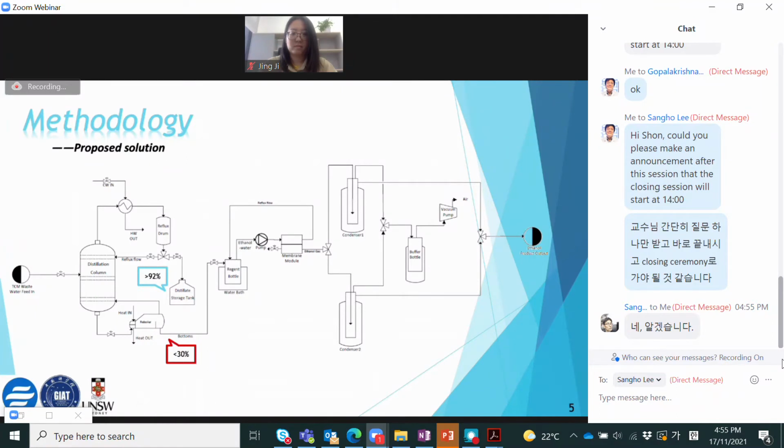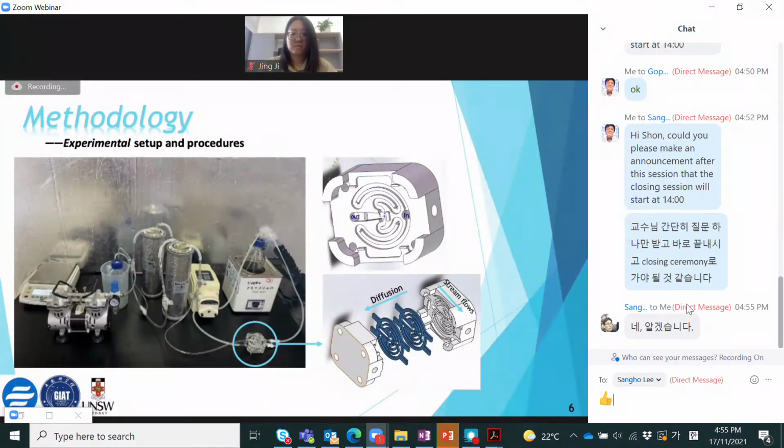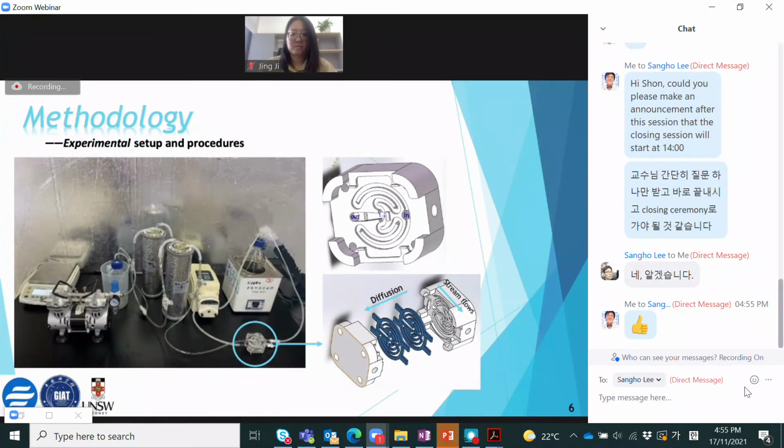On the other hand, when the ethanol concentration at the bottom of the distillation column falls below 30%, it's just discharged directly. But actually in this case, we can feed the bottom solution to the evaporation system for further recycling treatment. So in this work, a bench-scale evaporation setup was applied and a specific membrane module was designed.